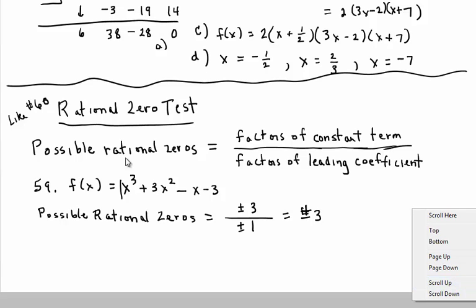So in your problem, if you have like 4 choices, you're going to have to do 4 tests until you find the ones that give you 0 in synthetic division. Okay, so I'm going to start with 3.